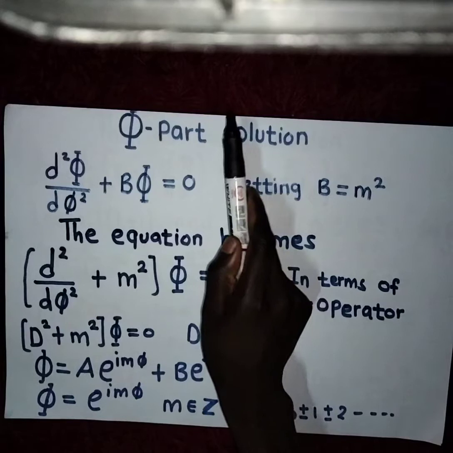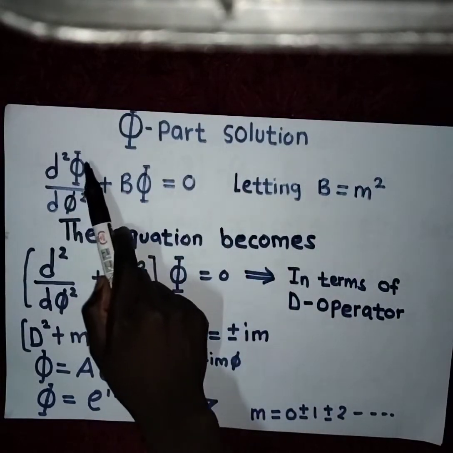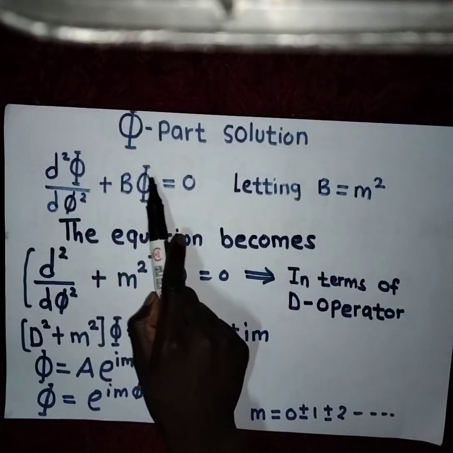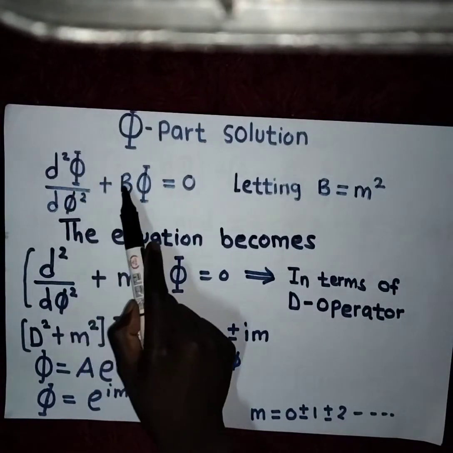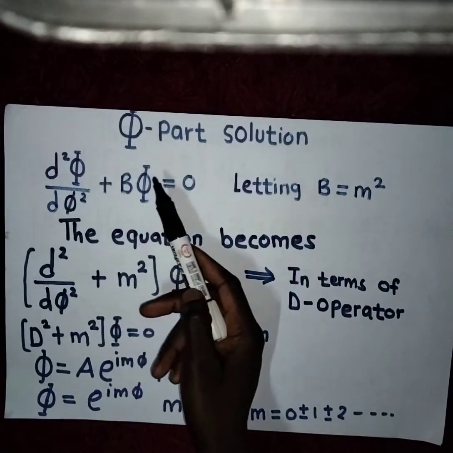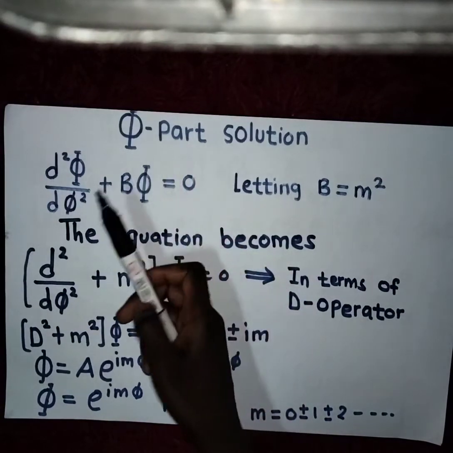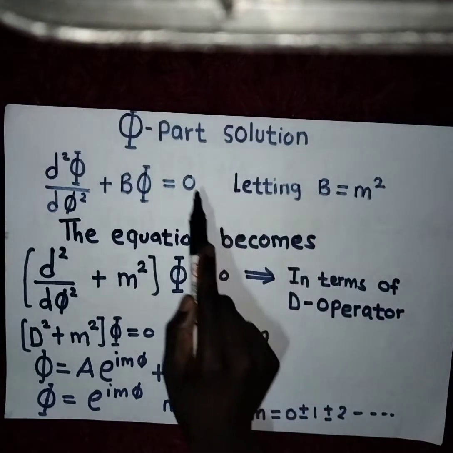The phi part, if you can recall, we separated and we came up with d squared phi over d phi squared plus b phi is equal to 0. But I want to solve this one by having the D operator. That is one thing we use to solve ODEs. So letting b be m squared, because I want to have the D operator.